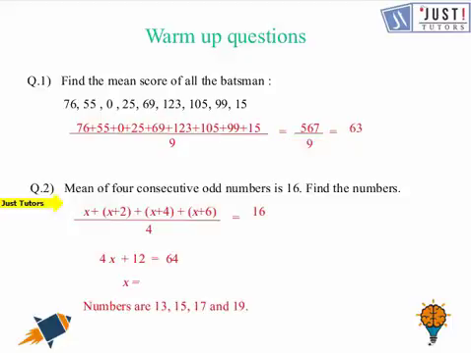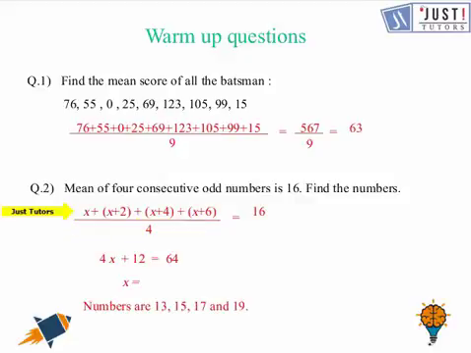In the second one, the mean of 4 consecutive odd numbers is given to us, which is 16. We need to find those numbers. Let us suppose that the first number is x. The consecutive next odd number will be x plus 2. Writing all 4 numbers, it will be x, x plus 2, x plus 4, x plus 6.